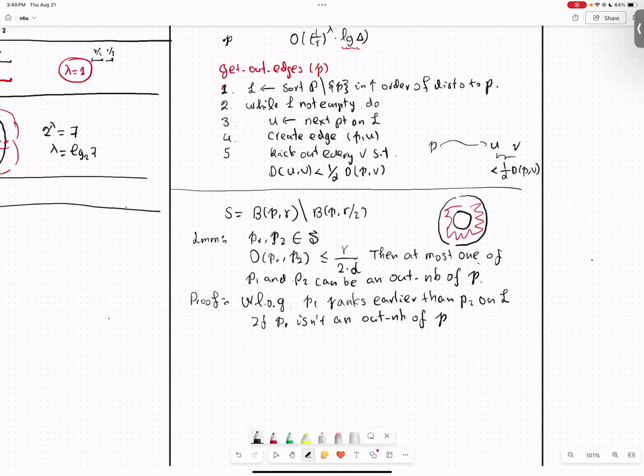Because our goal is to prove, at most one of them can be my out neighbor, right? So now New York is out of the picture, and you told me New York is out, so thank you very much, and I'm done. Okay, all right, good. So if that's the case, it remains to consider the case where P1 or New York is an out neighbor. Now let's consider otherwise.